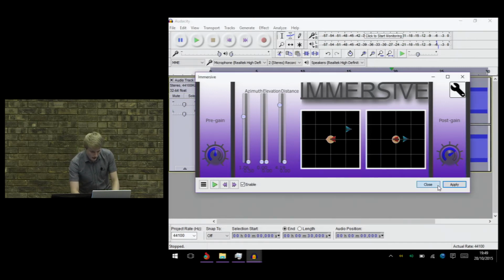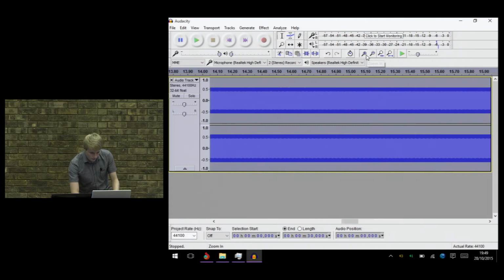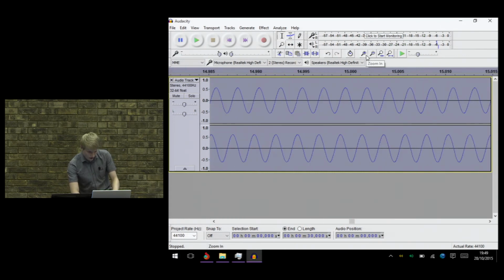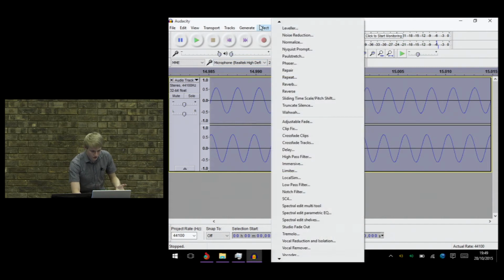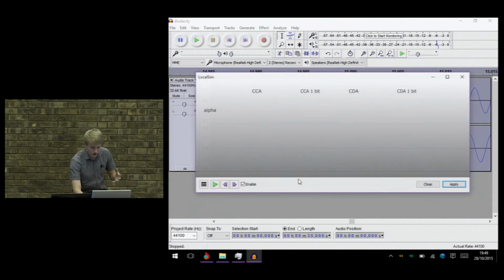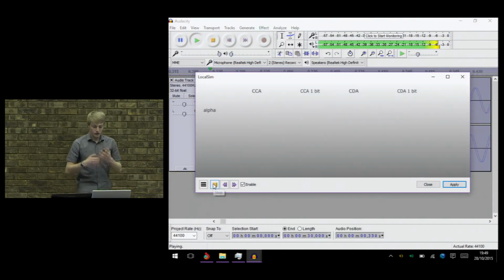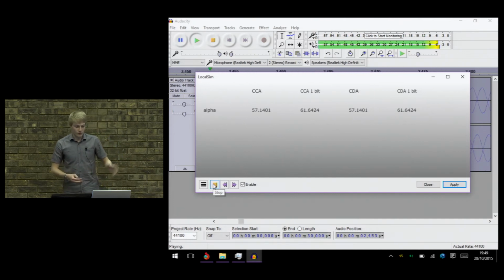Apply that, and if we were to zoom in, we can hopefully quite clearly see that the right audio is somewhat ahead of the left audio because of where the source now is in relation to the microphones. So if we were to now use the correlation algorithms, we can see that we get a reasonable approximation to this.